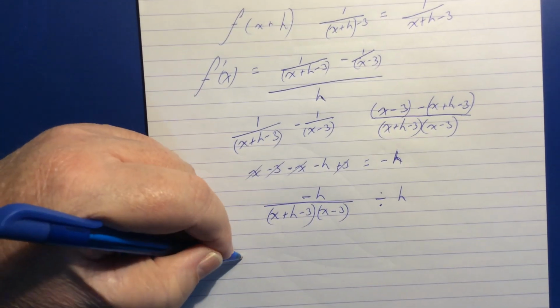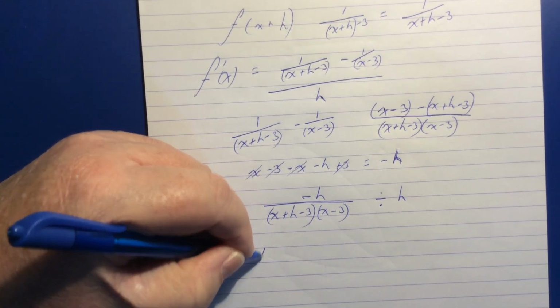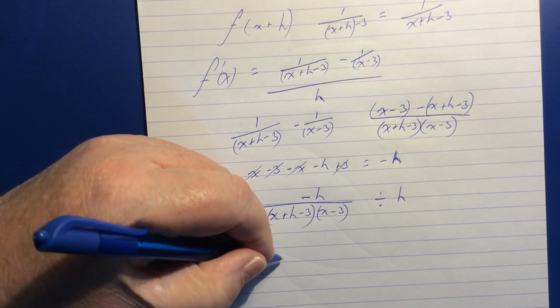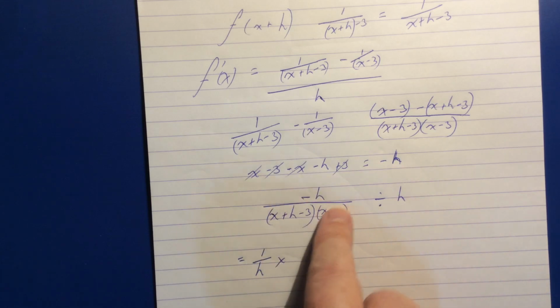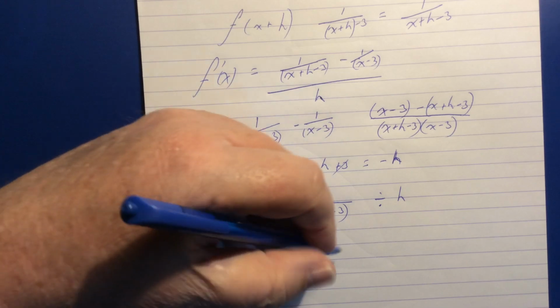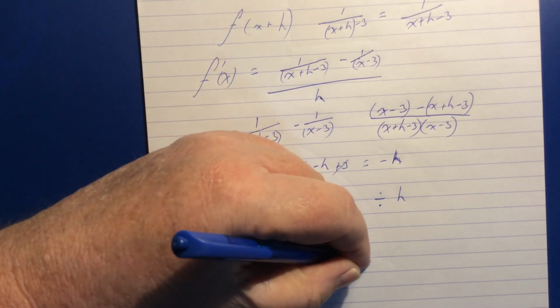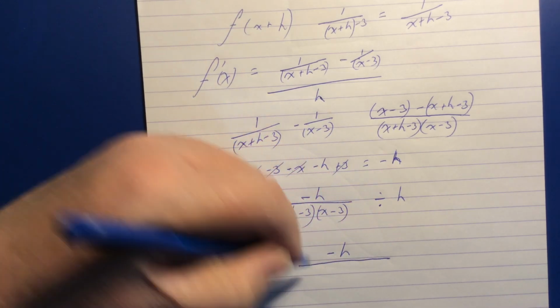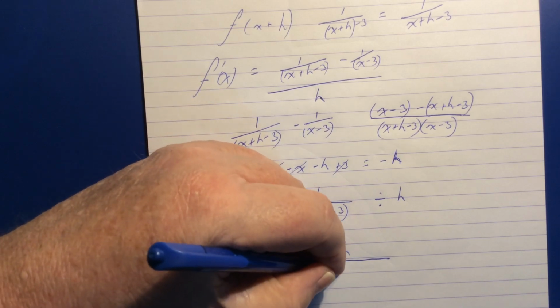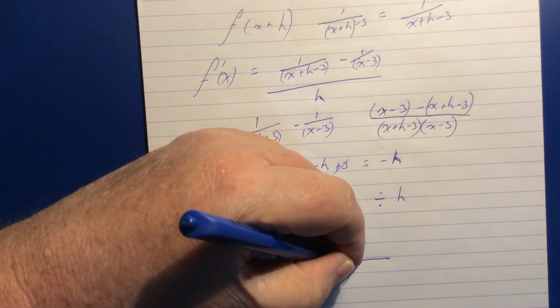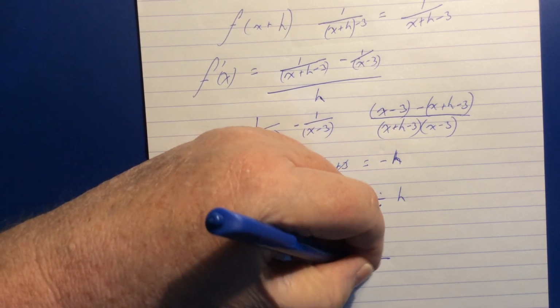Now what does that equal? That equals 1 over h times, so when we're dividing a fraction, we just multiply by the reciprocal, negative h all over x plus h minus 3 times x minus 3.